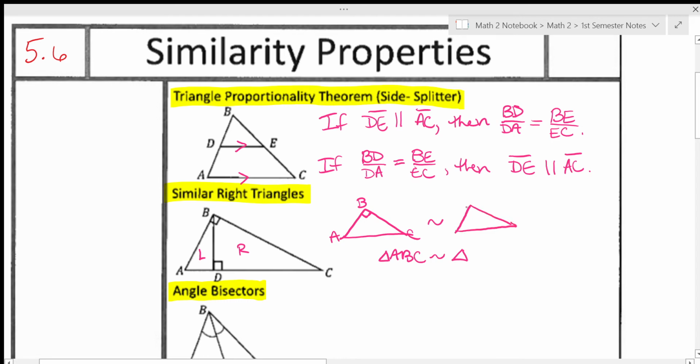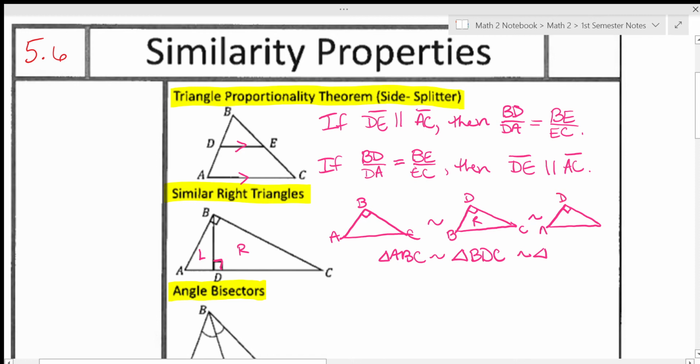So if I flip it, my right angle is D right here. My short side is from B to D, and my long side is from D to C. So it is similar to BDC. And just like congruence, we want to make sure that we put our letters in the right order of what they correspond to.